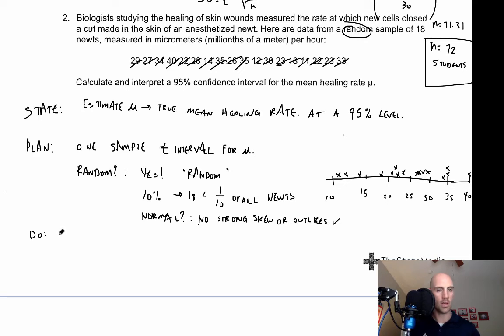So under my do, I'm going to put my formula, my point estimate plus or minus my margin of error. And then I can put down my actual formula, which is going to be my x bar plus or minus t star times the standard deviation over the square root of n.